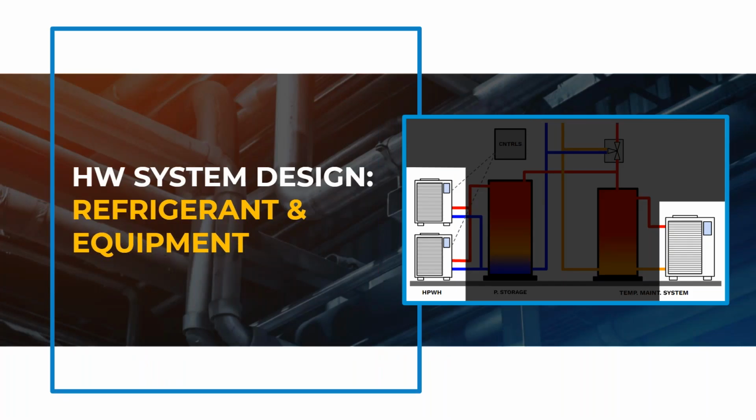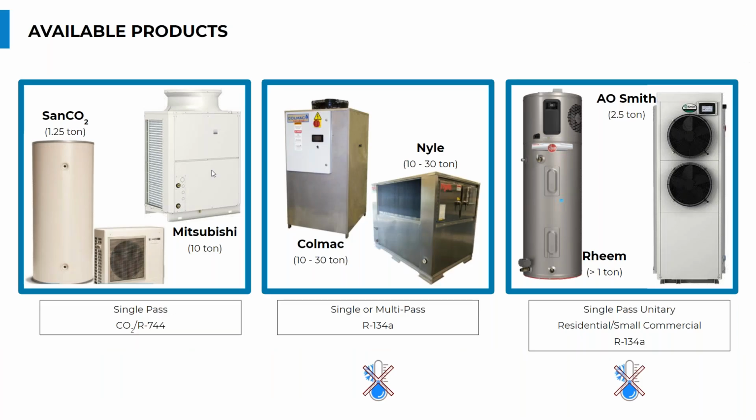And then the last thing we're going to touch on is refrigerant and equipment selection. So now we know how big of a heat pump we need and how big of a storage volume we need. But it's important that we understand how to actually select that equipment. And so we have a handful of heat pumps available out there today. Some of them are based with CO2 as the refrigerant.